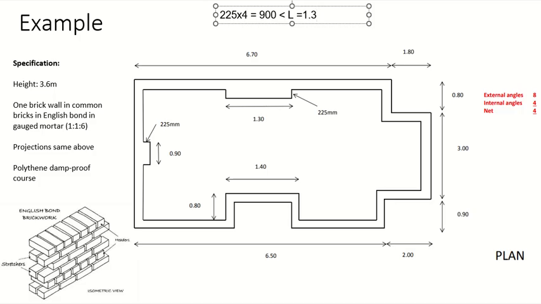Okay, and so what was the rule in that case? We will take the projection separately. We will take it as an extra wall, a separate wall, with more thickness. Clear? Okay, what about this one? Again, 225 into 4, same 900, right? And the length is now 0.9. It will be equal, yes, it will be equal.